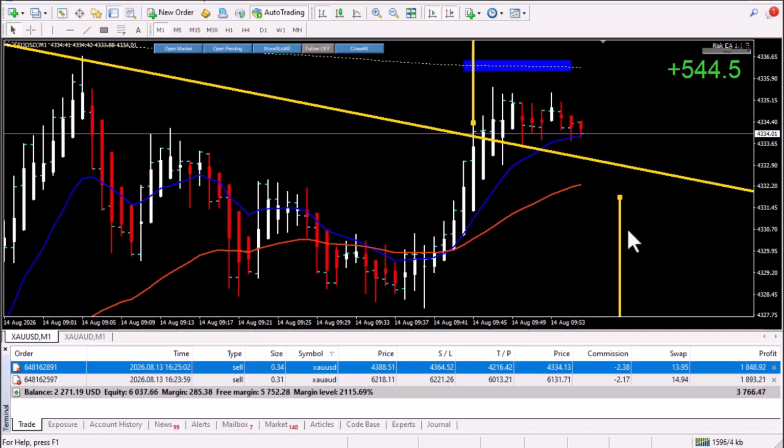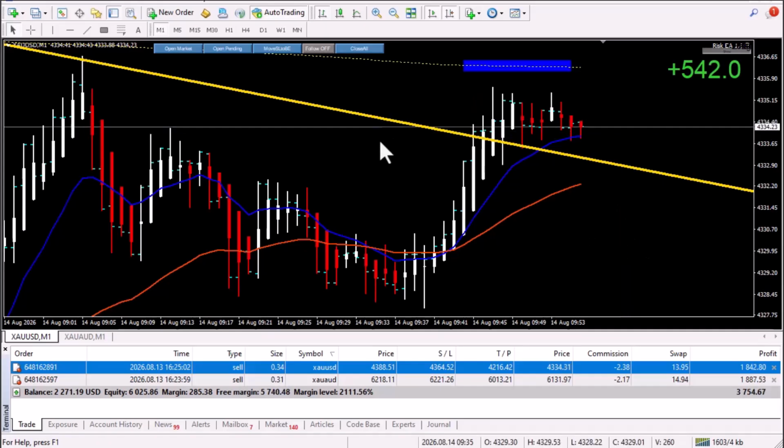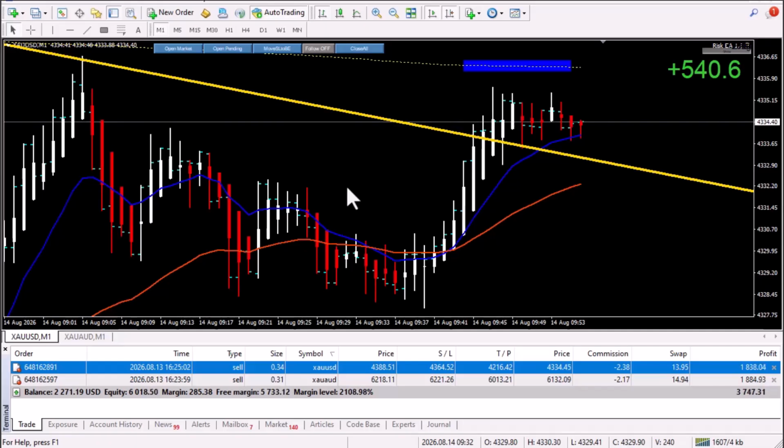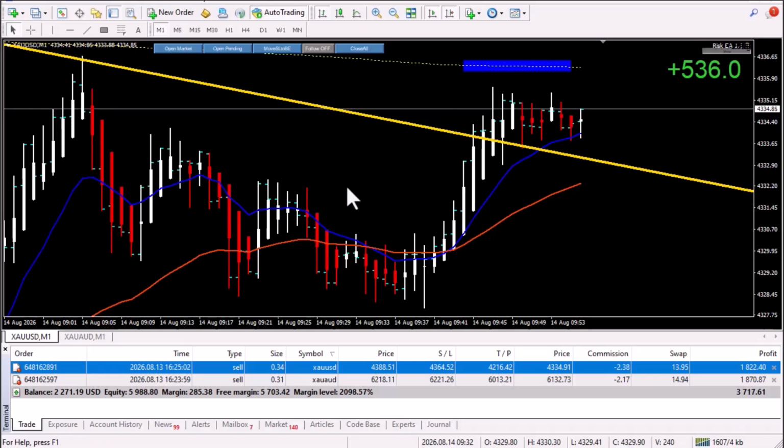Here you can see on the 1 minute time frame, price is just moving between the 12 EMA and the 633 EMA. Price in this area is only testing my patience, testing the 633 EMA and 12 EMA, so that I can close the trade early, but I will not.